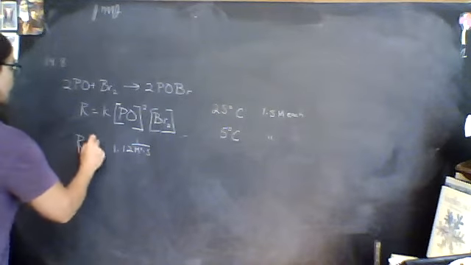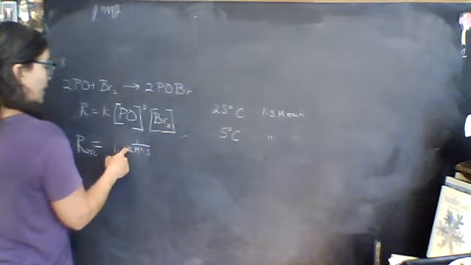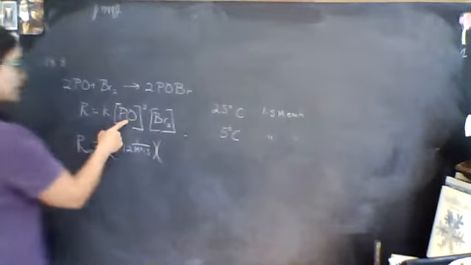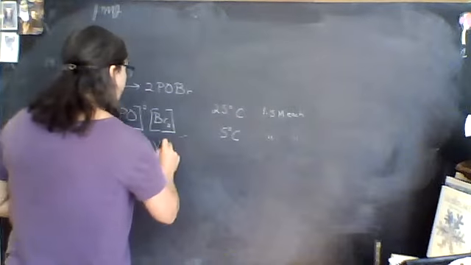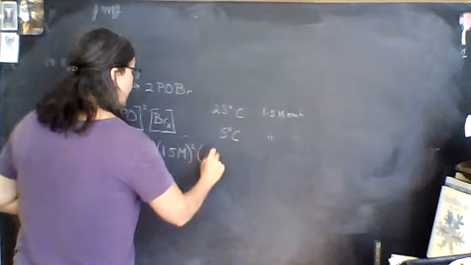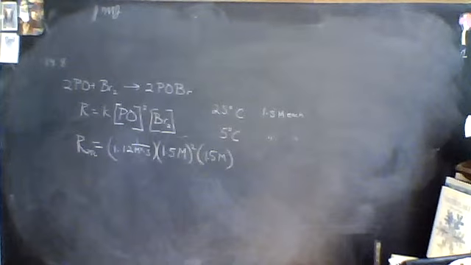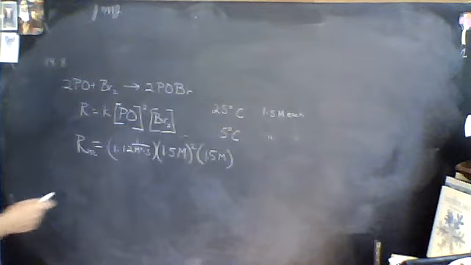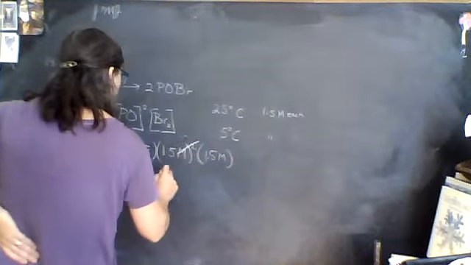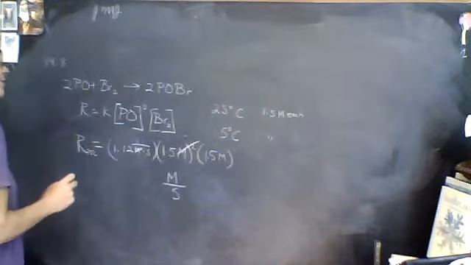So the instantaneous reaction rate at 25 degrees Celsius is 1.12 1 over molarity squared times second, times, what's the concentration of the PO? It's 1.5 molarity squared, times the concentration of 1.5 molarity. Okay, so we'll end up with something in terms of molarity per second, right?